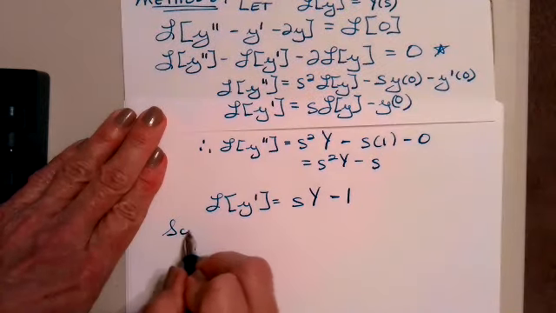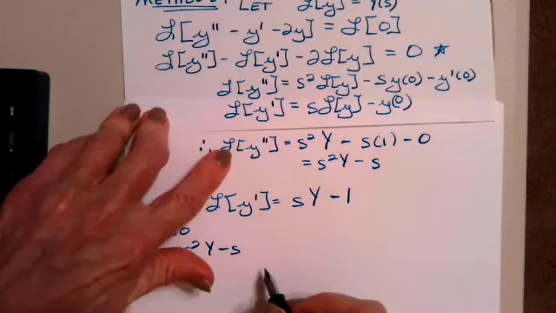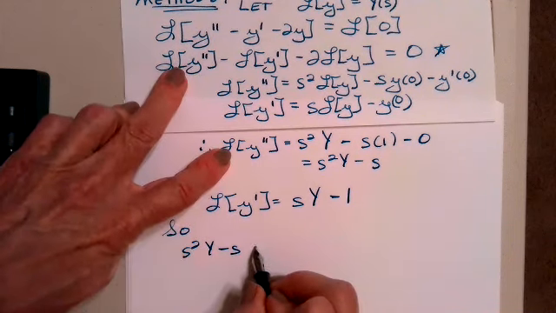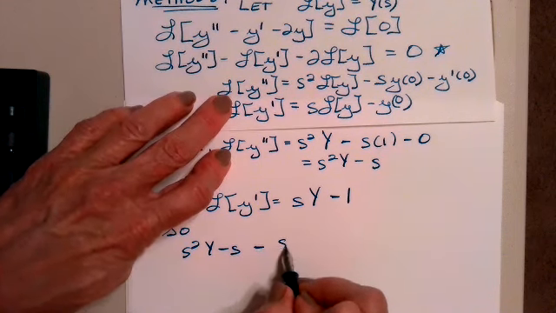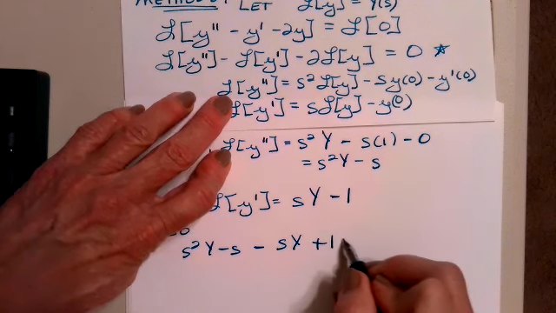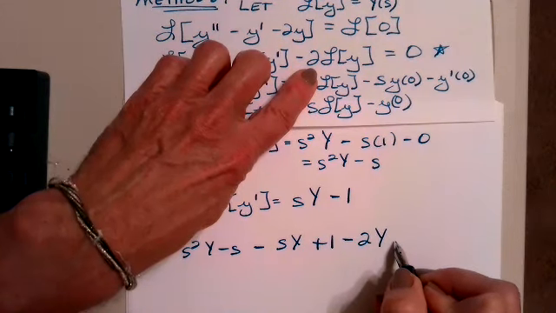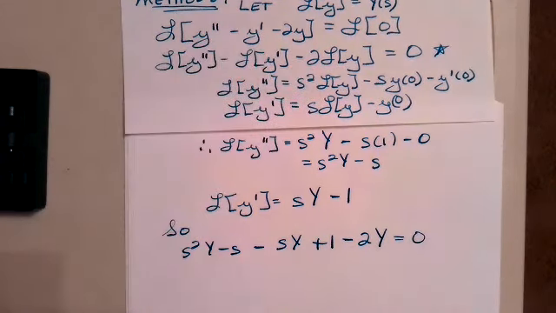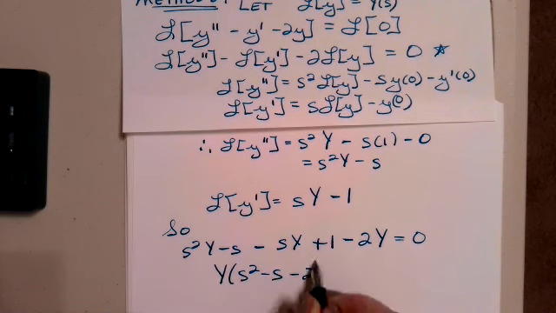Okay, so s squared Y minus s, that's the Laplace transform of y double prime, minus the Laplace transform of y prime, so that will be a minus sY plus 1, minus 2 times the Laplace transform of y, so that's minus 2Y, is equal to 0. So let's gather all the Y terms together and factor out the Y. So that'll be s squared minus s minus 2.